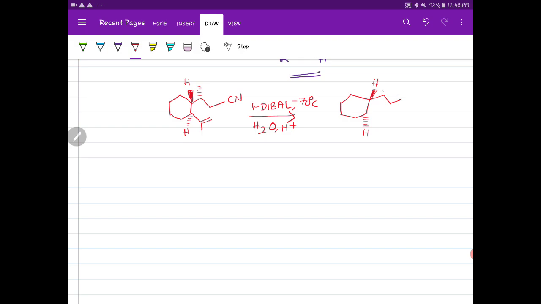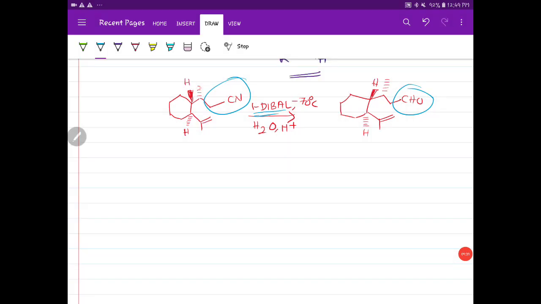So here you get aldehyde. You could see that this part has become aldehyde. For this, DIBAL is utilized. And here also the availability of one single hydride makes the purpose done, the conversion of nitrile to aldehyde.